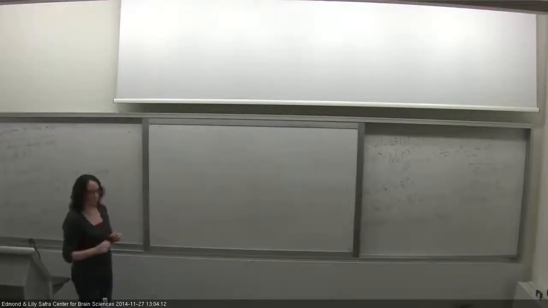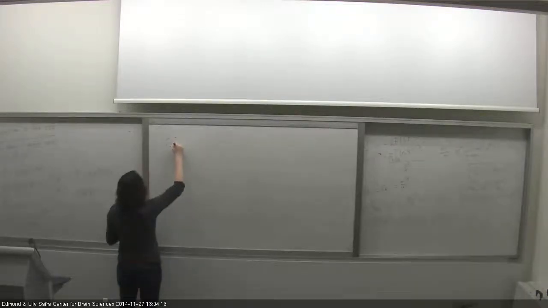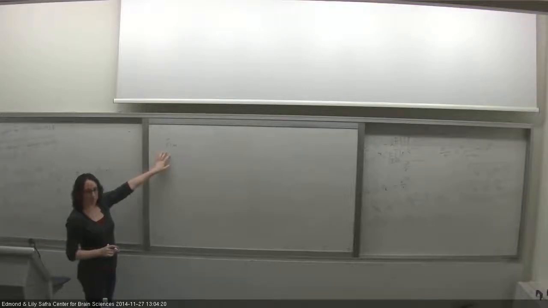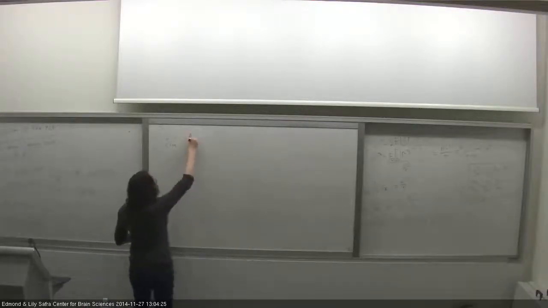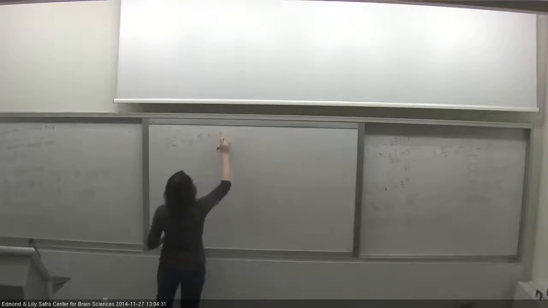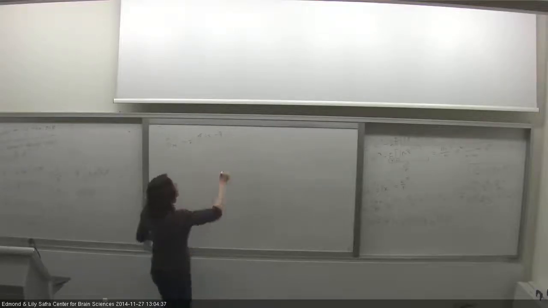Just a quick reminder, we got that the maximum likelihood estimator for the variance in the normal distribution, when the mean and variance are unknown, is 1 over n sum over i of (xi minus x bar) squared, where x bar is the empirical mean, or the maximum likelihood estimator for the mean, which is the same.